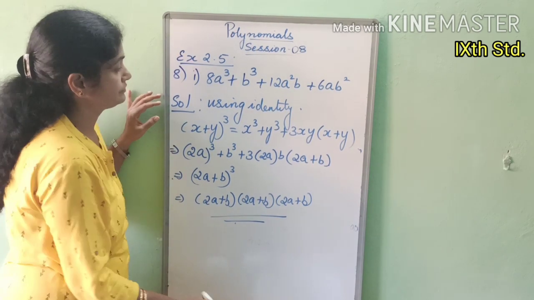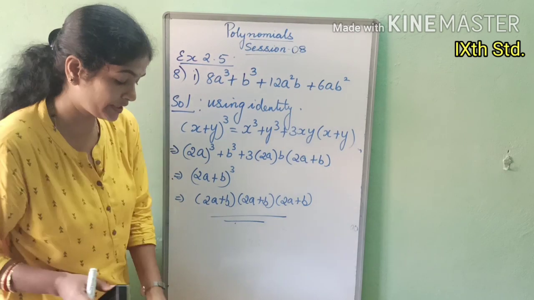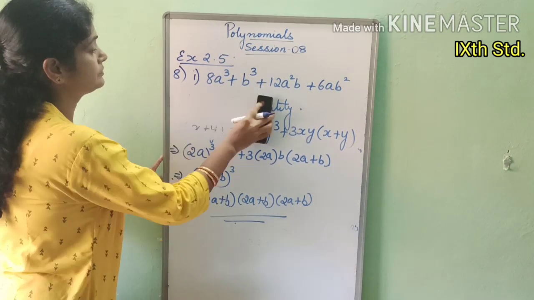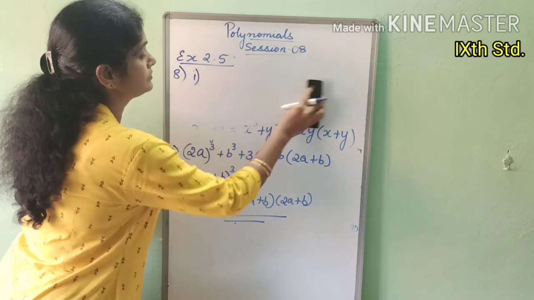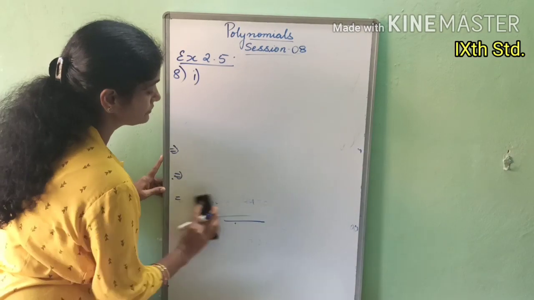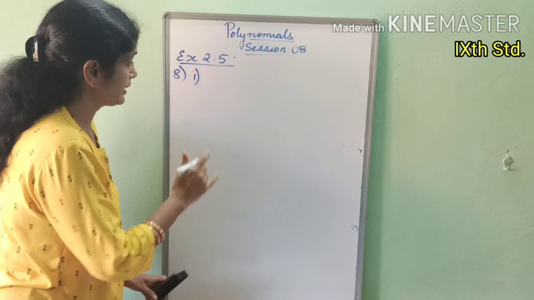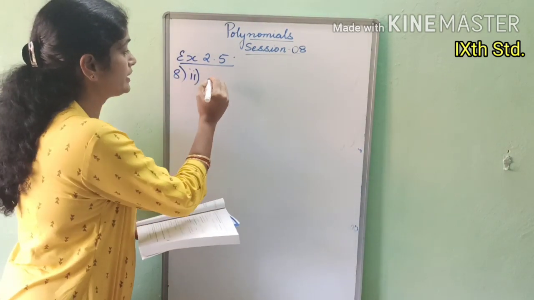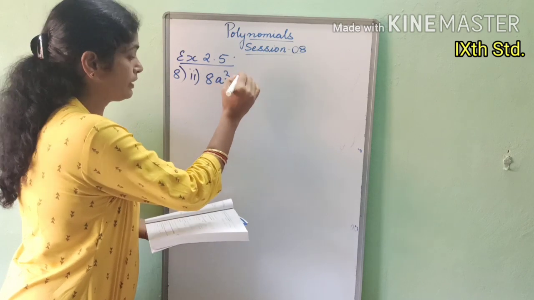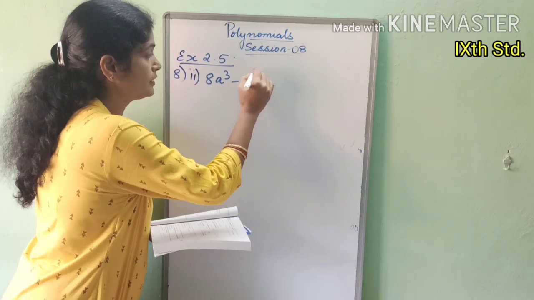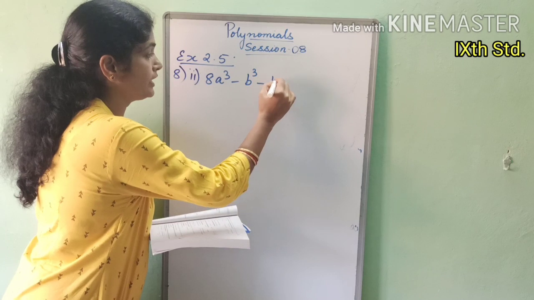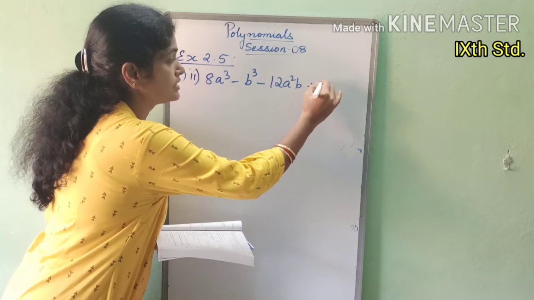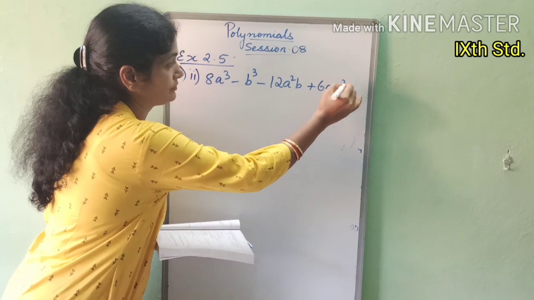Okay. Then seeing the next one. Second bit, what they have said is 8a cube minus b cube minus 12a square b plus 6ab square.